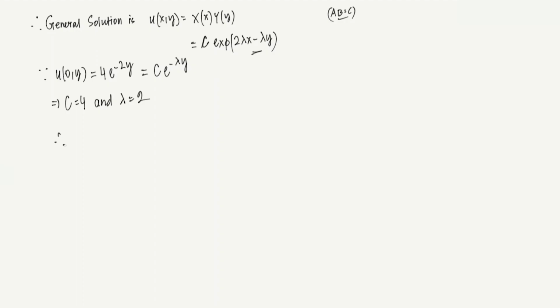Therefore, the required solution which we want is given by u of (x, y) equals 4 exponential 4x minus 2y.